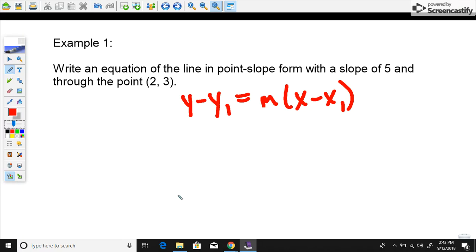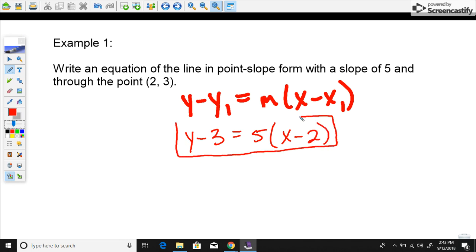Now we're going to just substitute the slope and the point in. So we need y minus the y coordinate of the point, which is 3, equals m is my slope, so slope of 5, times the quantity x minus the x coordinate, which was 2. And this right here is my point-slope form of that equation.